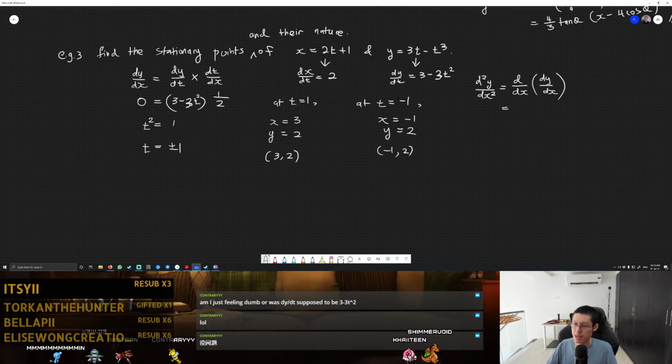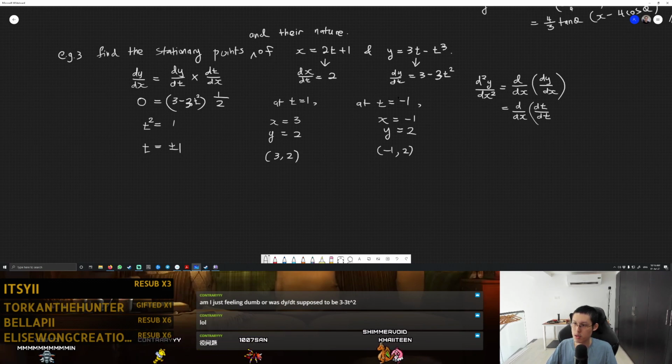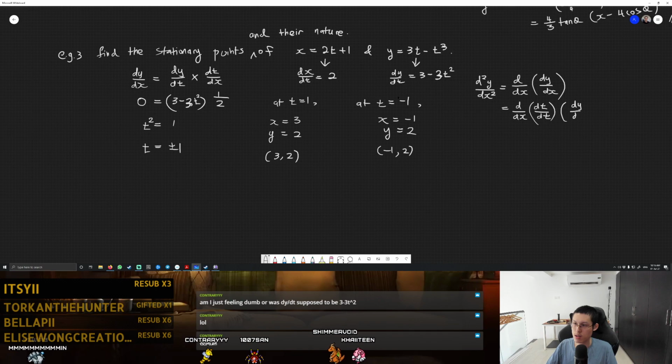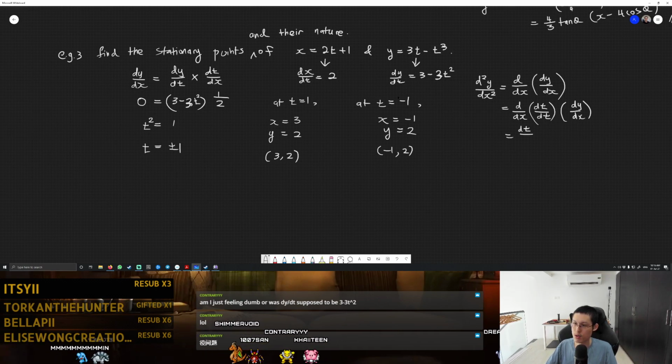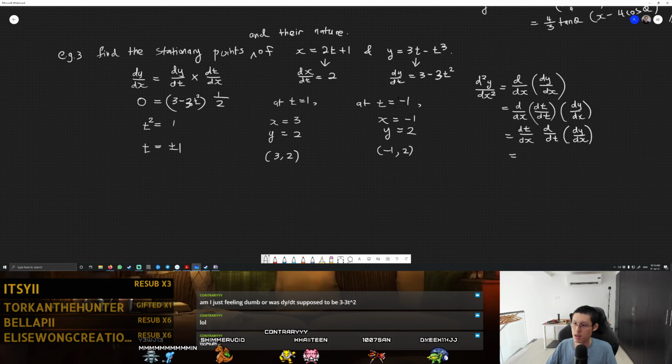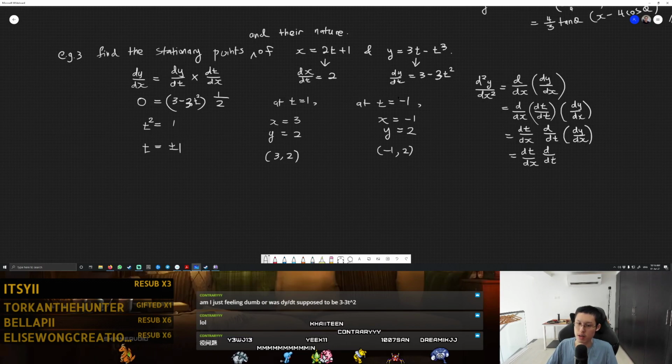The problem here is dy/dx is in terms of t, so you have to employ the chain rule again. Imagine multiplying by dt over dt. You're just multiplying by 1, so you're not actually changing anything. Then you swap the numerators, so it becomes dt/dx, and then d/dt of dy/dx.